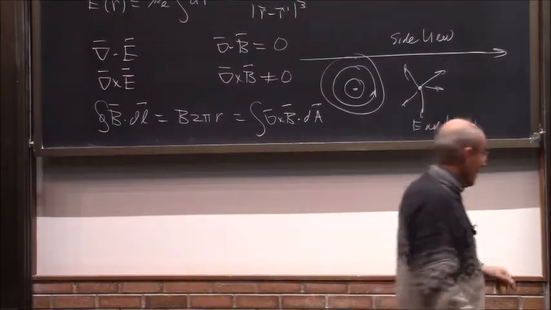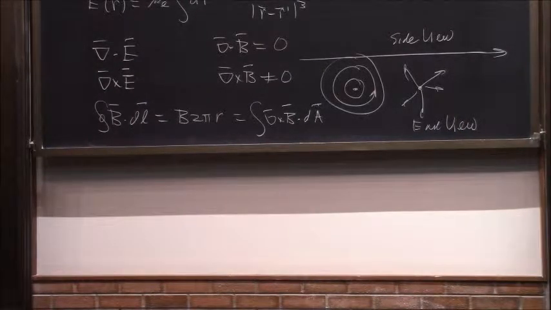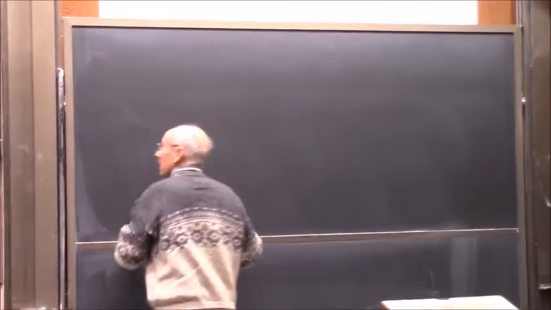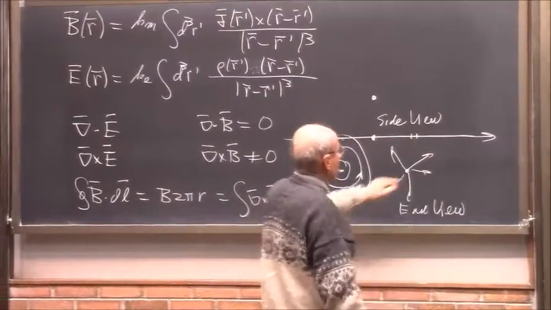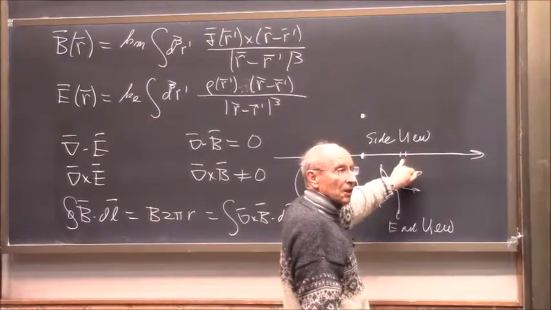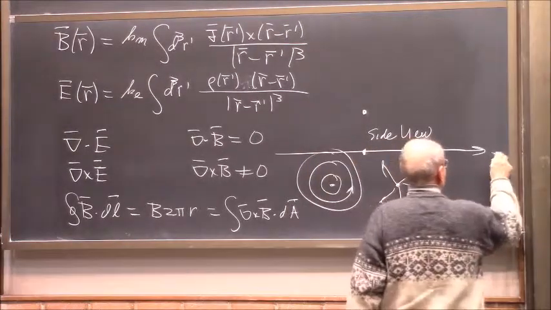Making sense? Okay. So, let's see if we can calculate B for our long straight wire. Well, we'll go to our picture here, and let's calculate B at some point up here. And it'll be a result of the magnetic fields produced by little chunks of current lying along this axis. So let's make this the z direction.